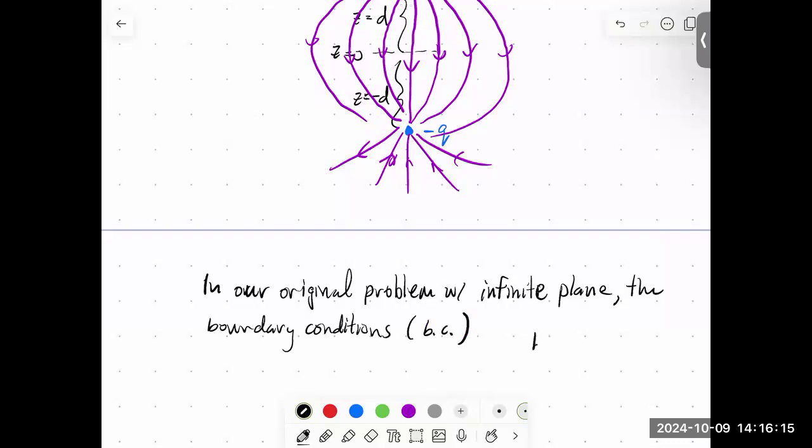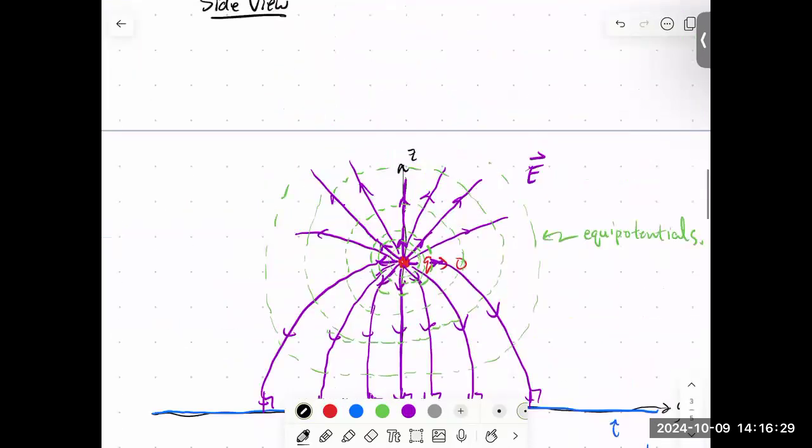I often use B/C for "because," so we need to distinguish between B dot C dot and B/C. So boundary conditions, what are they? Well, let's go look at this.